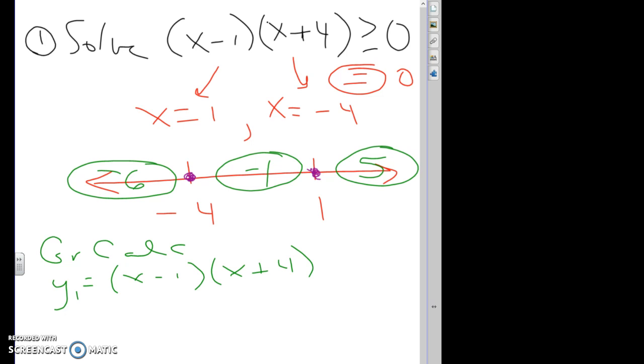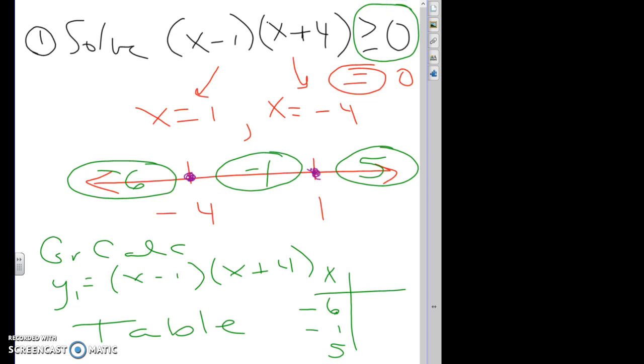Now go to the table and put in those numbers, negative 6, negative 1, and 5. What we want to know is, back in the original problem, is the answer greater than or equal to 0? Just a yes or a no.